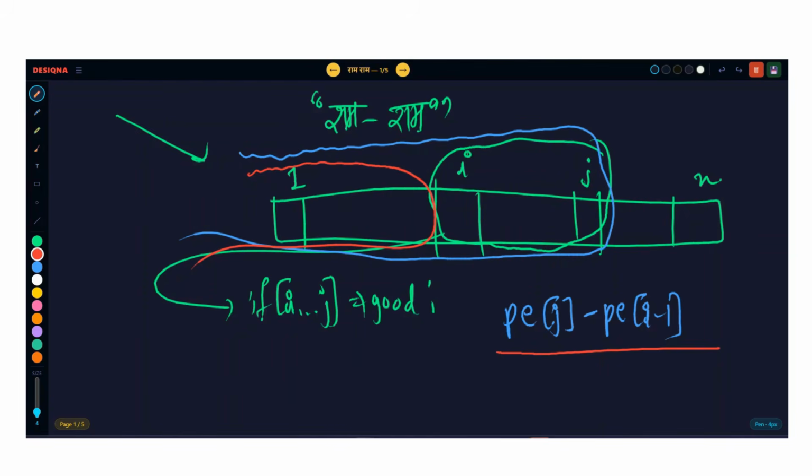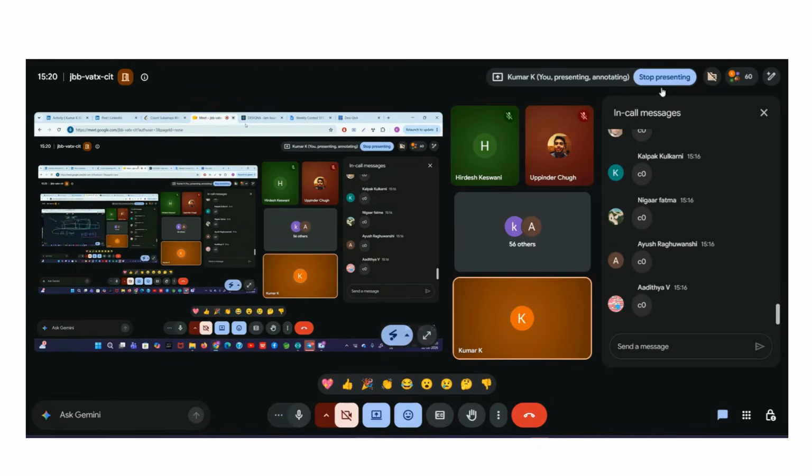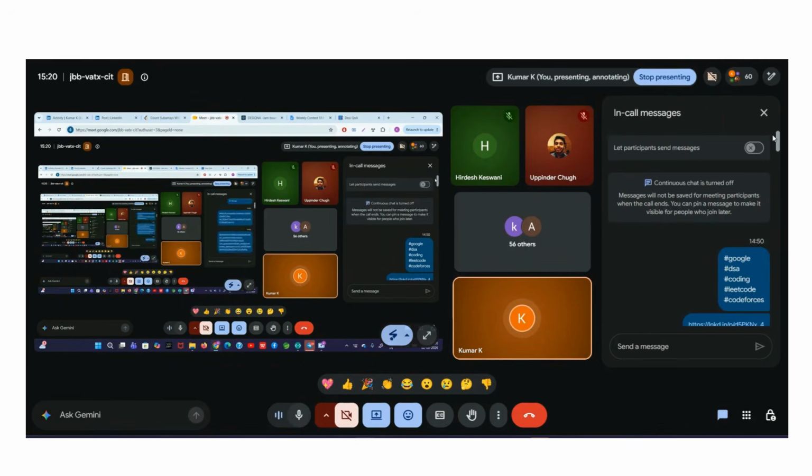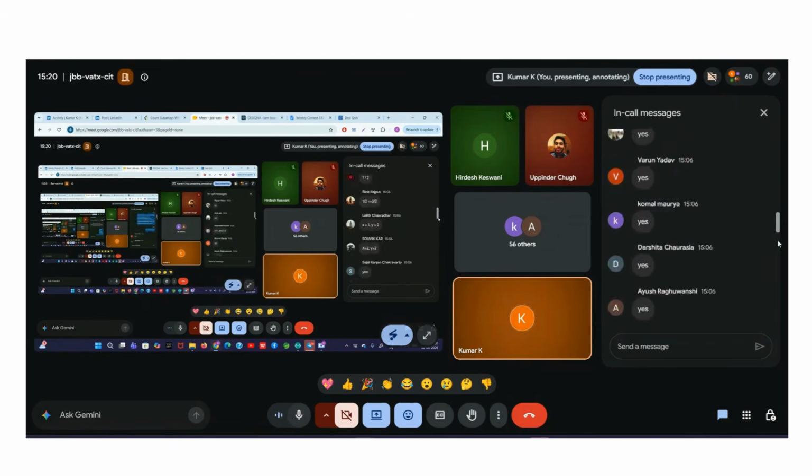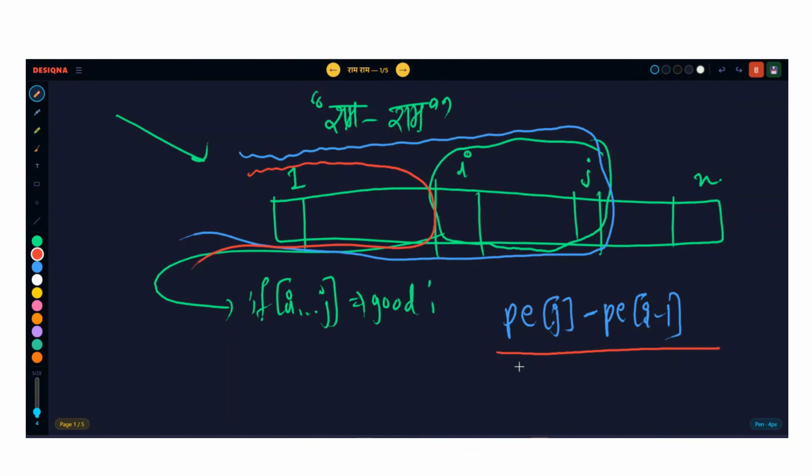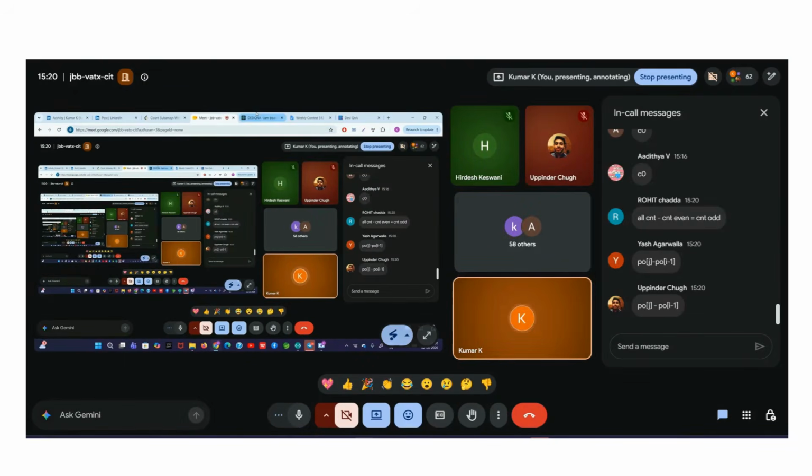What will be y? How can you represent y with the help of PO array? Count of odd elements from I to j. I'm opening the Google chat, you guys. I know my students have, on an average, very high IQ, so they will tell me clearly. Guys, what will be the denominator y value of the equation? You guys can write POJ minus.